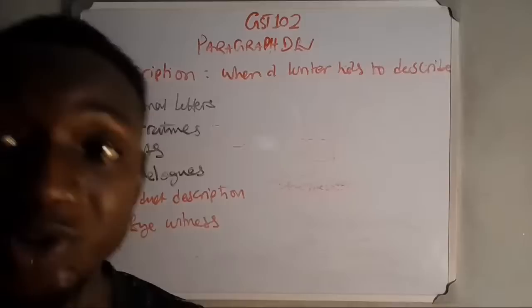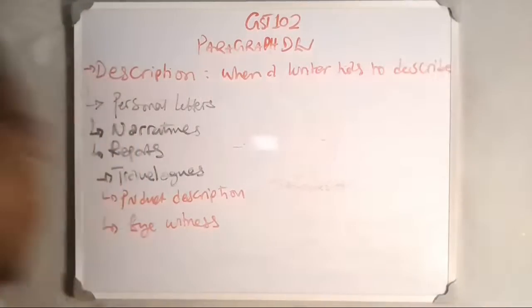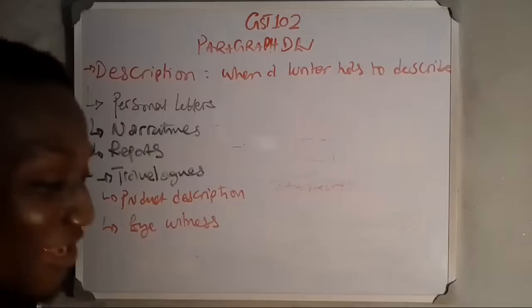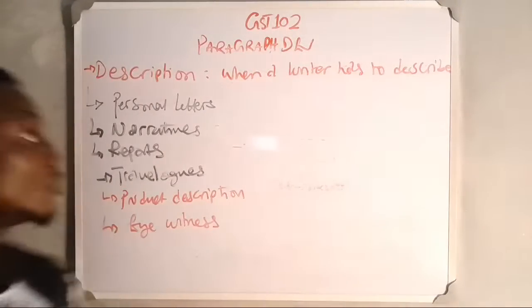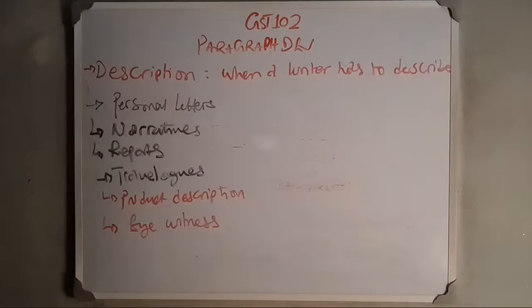It could be what you witnessed and you're trying to give a report of what you witnessed. Now narrative, trying to give your narrative of the story, you tend to give detailed explanation. So description has to do with when you are trying to develop a topic sentence or paragraph by giving detailed explanation.